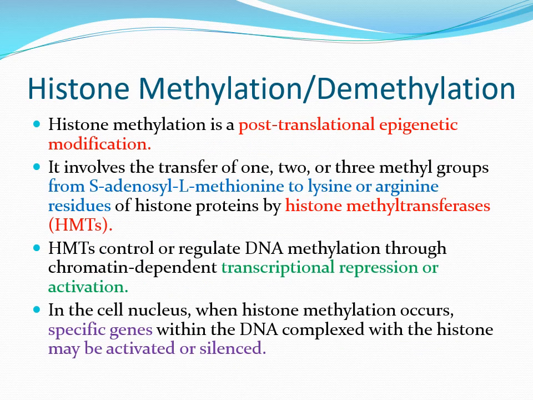The second modification that plays an essential role in epigenetic regulation of gene expression is the methylation and demethylation of histone. Now, there's one thing typical about this chemical modification, and that is that methylation can activate as well as deactivate transcription.